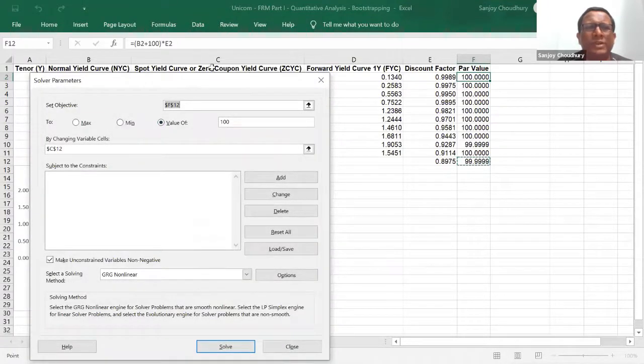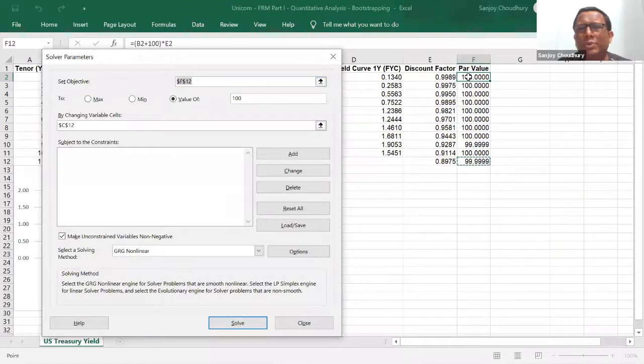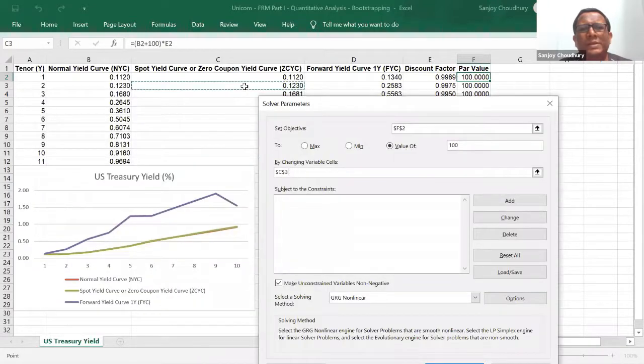In this case, we set the objective: we put F2 equal to the value of 100, the par value, by changing a cell. What cell? Suppose this cell was not there, the C3, which is the 2-year spot rate, was not there.